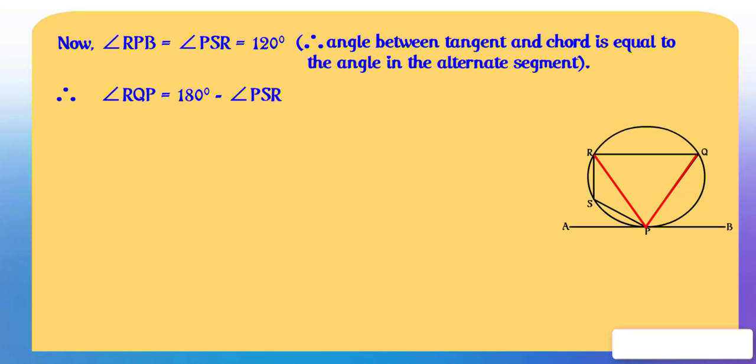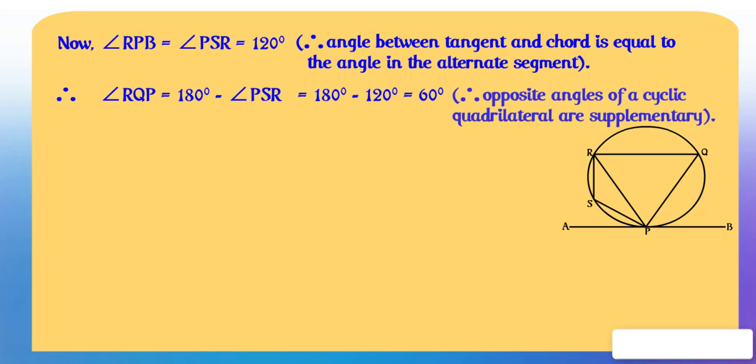Therefore, angle RQP is equal to 180 degrees minus angle PSR is equal to 180 degrees minus 120 degrees is equal to 60 degrees because opposite angles of a cyclic quadrilateral are supplementary.